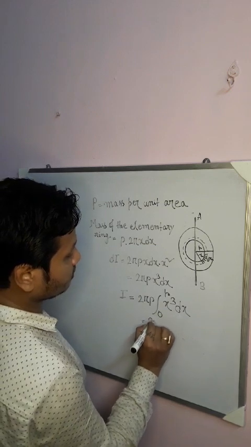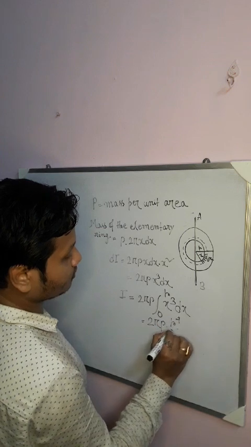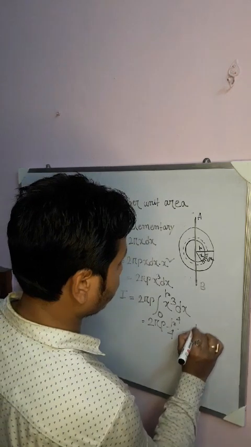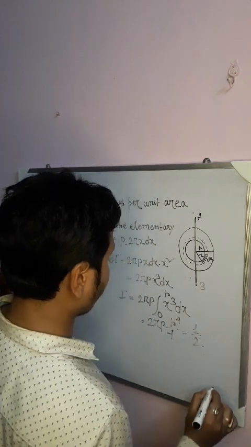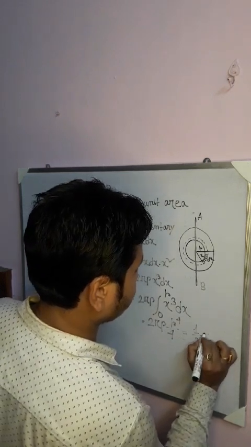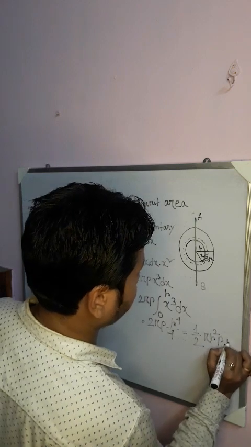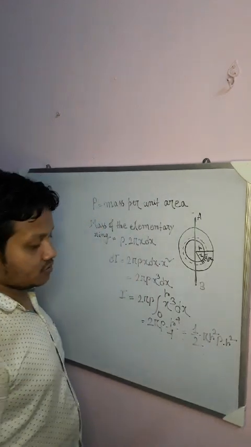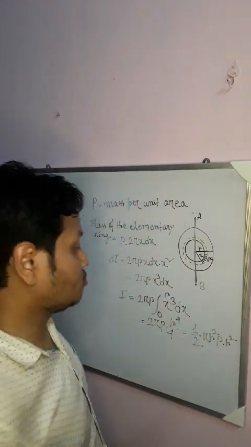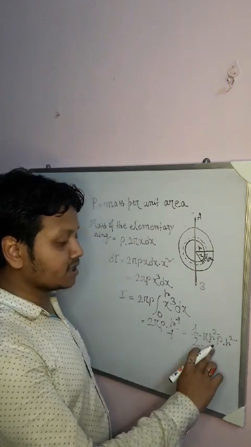This gives r to the power 4 by 4, so this is simply half pi r square rho into r square.